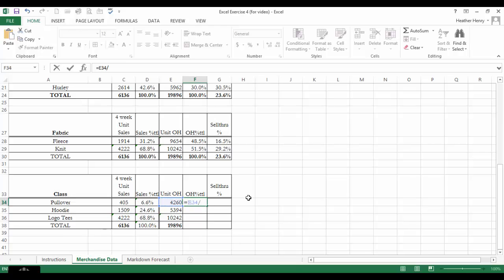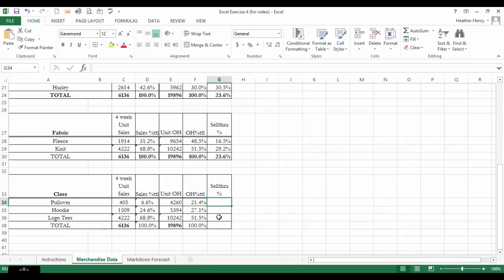Take our pullover on-hand of 4,260 units divided by our total 18,896 units. Let's lock our total so we can use our fill formatting and drag it down. So we can see the pullovers represented 6.6% of our total sales, while representing 21.4% of our total on hand.